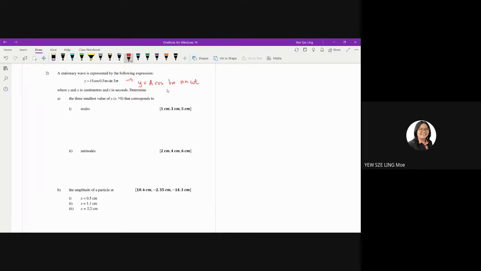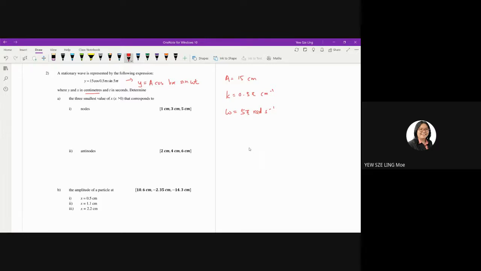By comparison, straight away you can obtain the information. Your A is 15 in terms of cm, your k is equal to 0.5 pi cm negative 1, and your omega is equal to 5 pi radian per second.